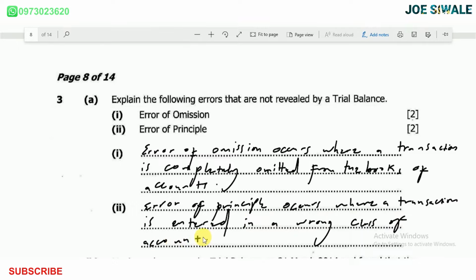So that's the definition. And I said, for example, recording a purchase of motor vehicle to the purchases account. Let us continue looking at the question.